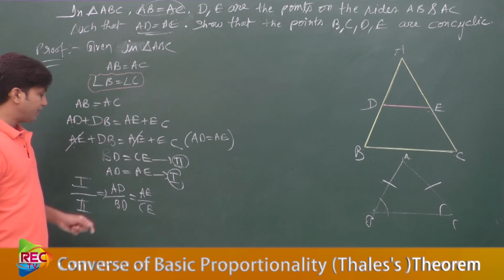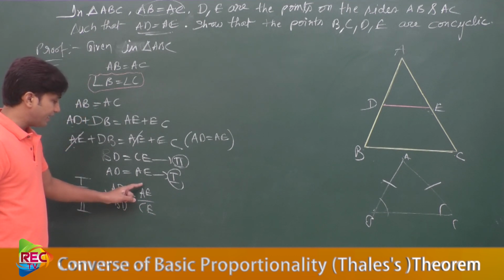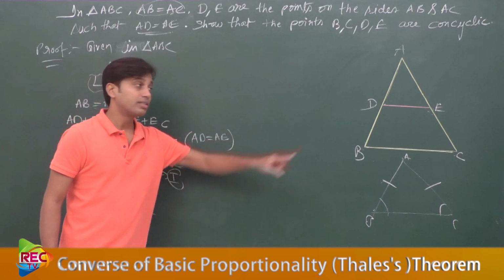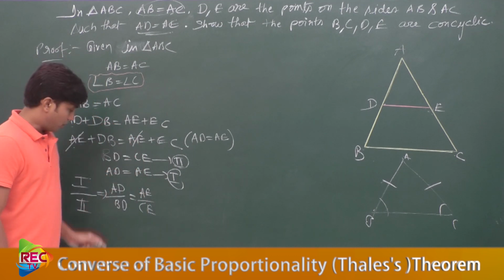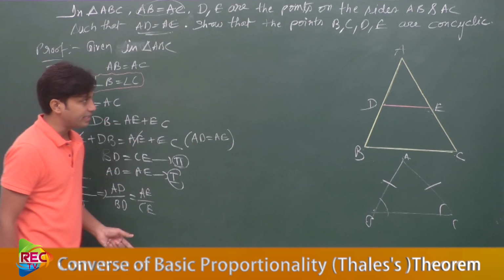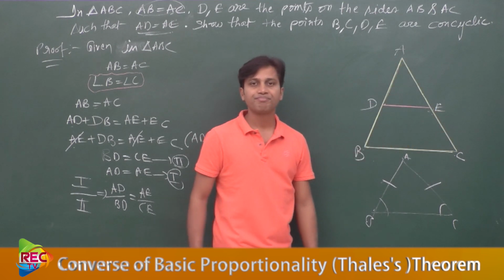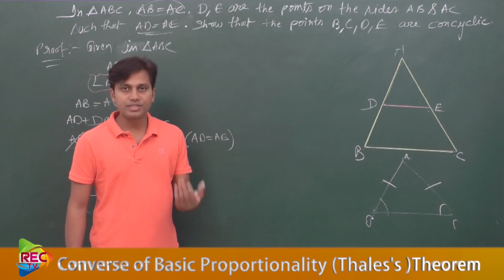Now just clarify that AD by BD and AE by CE, it will be clarified on seeing the figure. Just observe the figure over there. AD by BD equal to AE by CE. What did you observe?